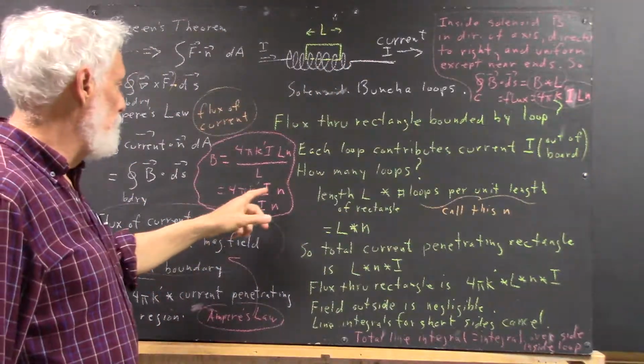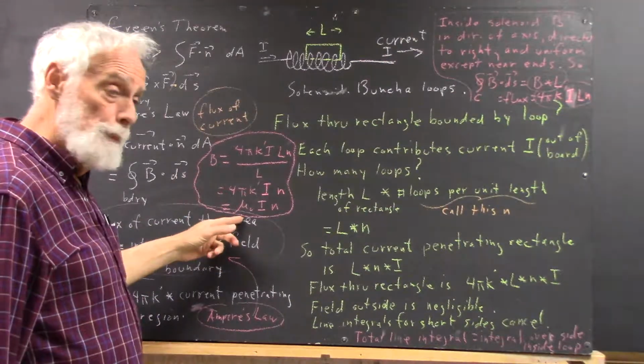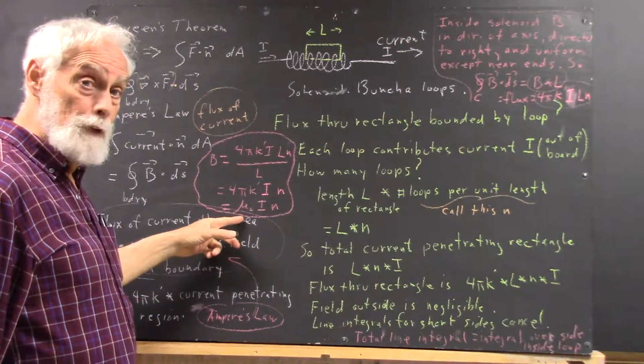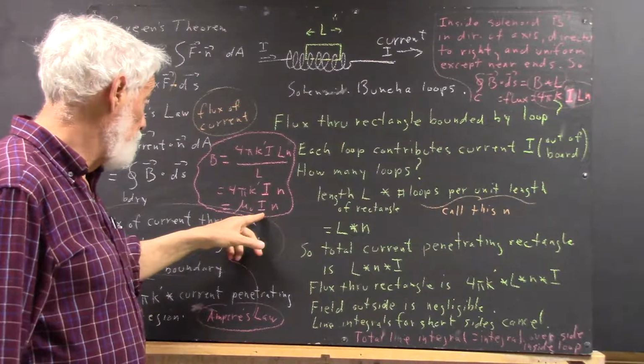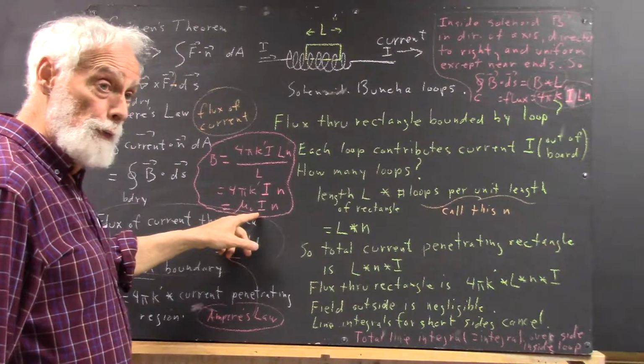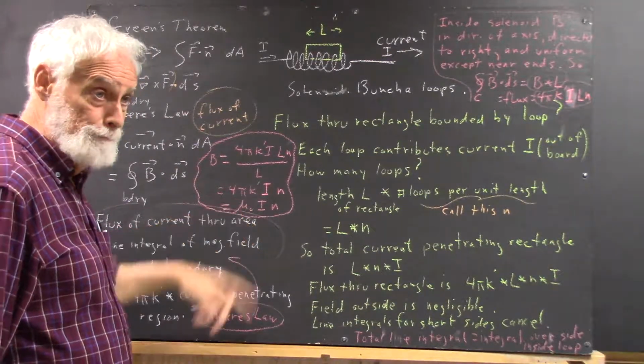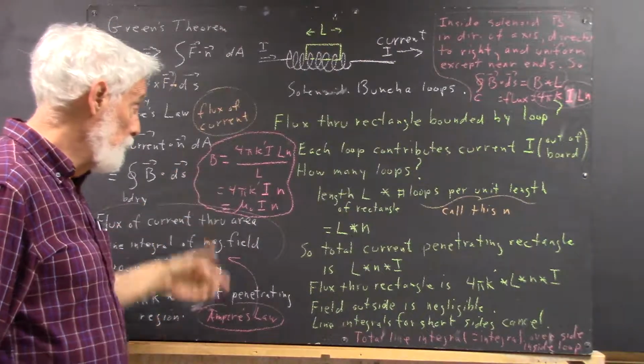You get 4 pi k prime times I times N, and 4 pi k prime is mu naught, the permeability of free space. So that's mu naught times I times N. There's your formula for the magnetic field, as you'll see it in your book, or as you can see it using k prime. And you see the connection between mu naught and k prime.